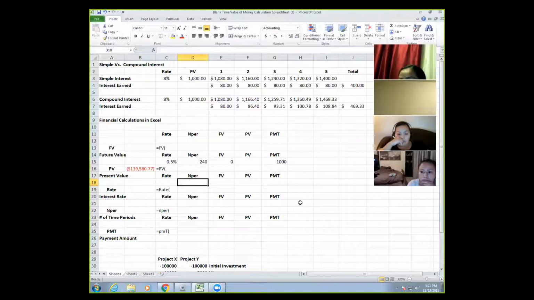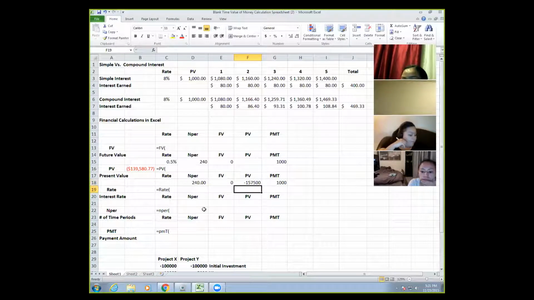Let's use the same numbers: 240, 0, and the payment is the same, 1,000. The present value is going to be the cost to you. Let's say the cost is $157,500 for this particular annuity. Oh, this has to be negative, by the way, too.